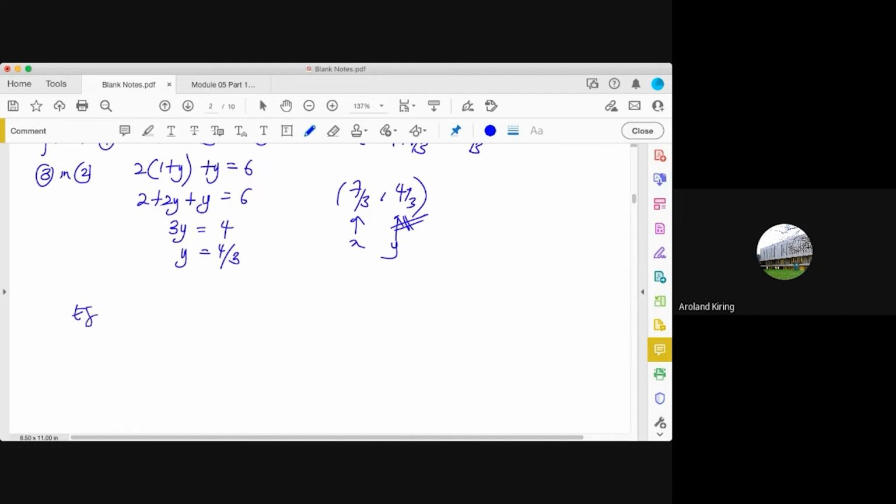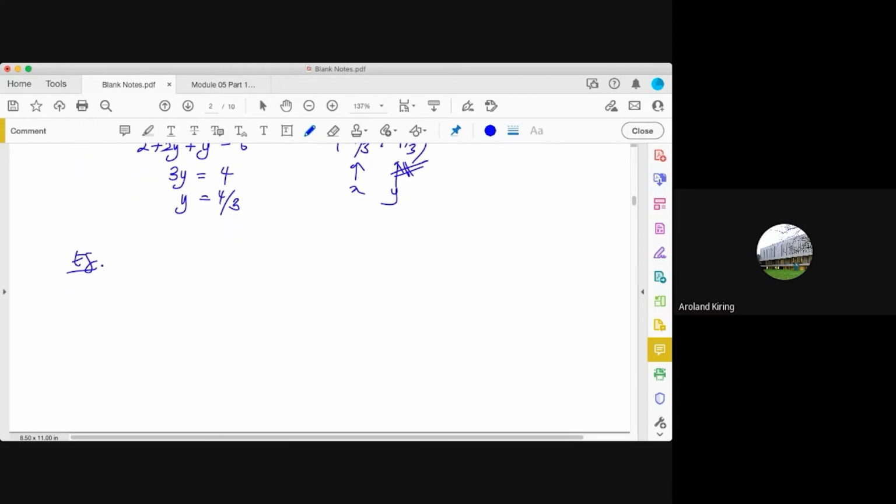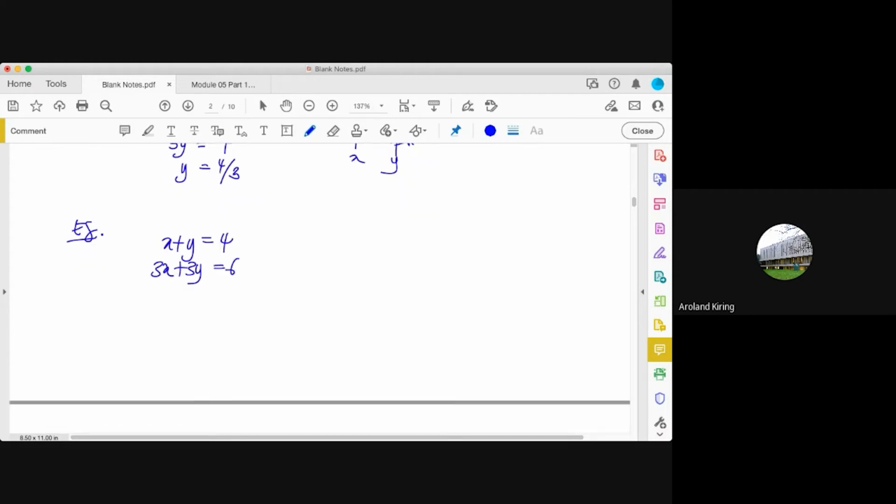So next example, we are going to look at an example where we don't have any solutions. So we have the first equation x plus y equal to 4, and 3x plus 3y equal to 6. Okay, so this is an example where we don't have any solutions. Again, this is your first equation, this is your second equation.